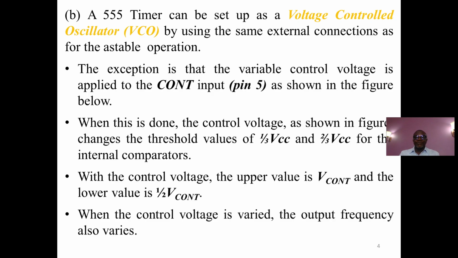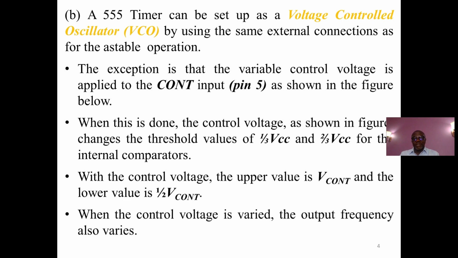When this is done, the control voltage changes the threshold values of 1/3 VCC and 2/3 VCC for the internal comparators. With the control voltage, the upper value is known as the V control and the lower value is at 1/2 V control, that is half V control.